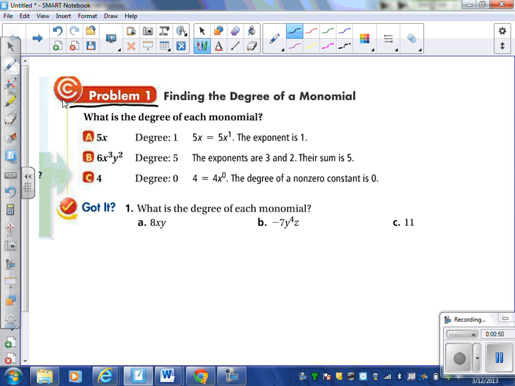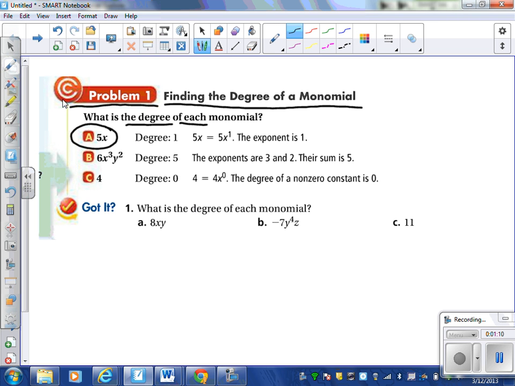Finding the degree of a monomial. If we take a look at example A, where we have 5x, what does that mean when they ask what is the degree of each?